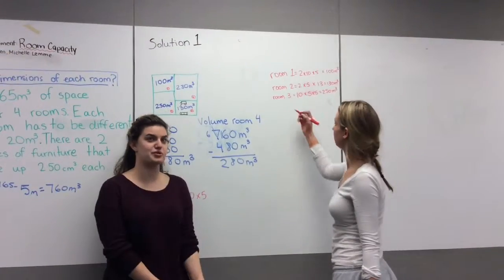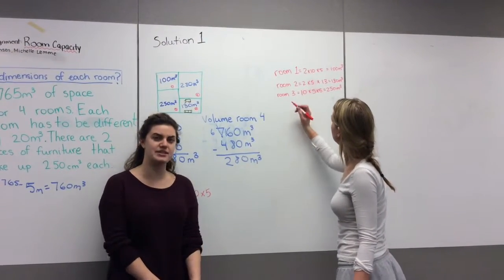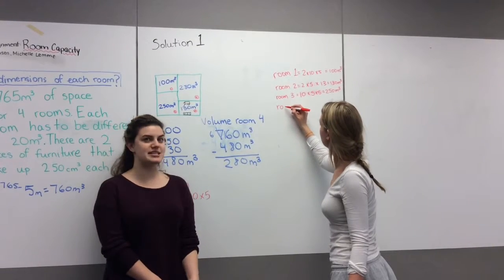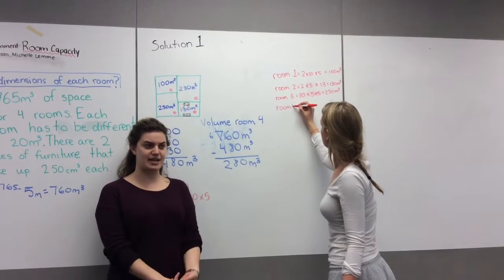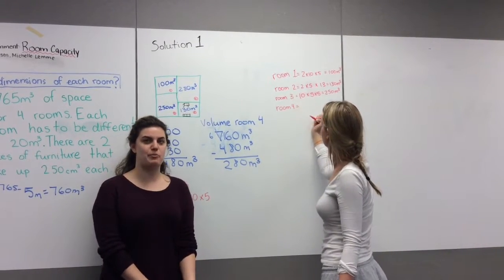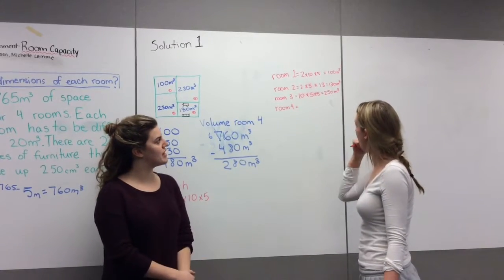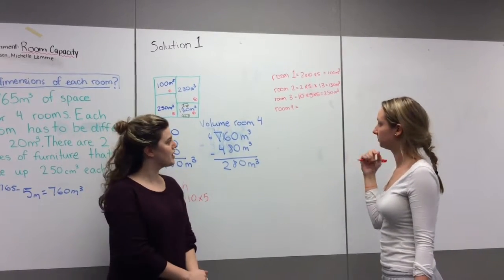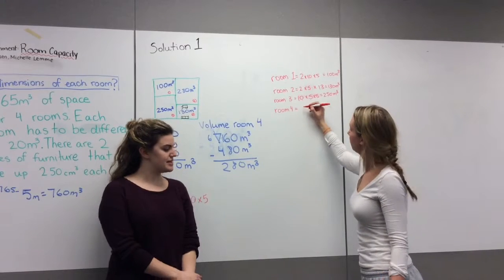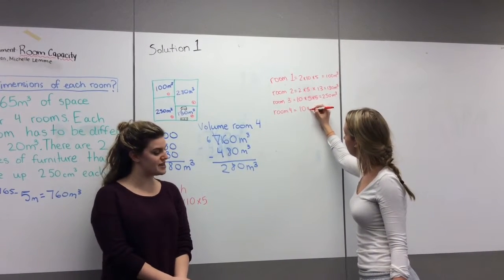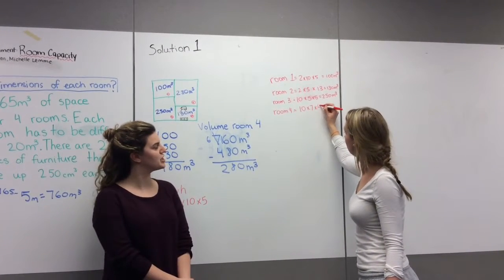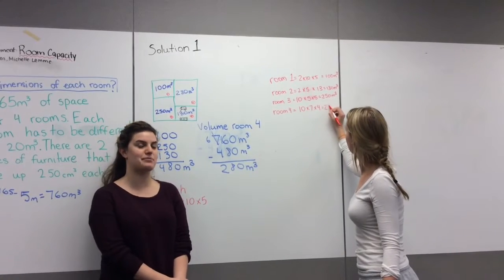For the rest of the rooms, we continued our trial and error method to find their dimensions. We plugged in different numbers for the length, width, and height in each of the rooms, and we came up with numbers that worked. So our final room is 10 times 7 times 4 meters equals 280 meters cubed.